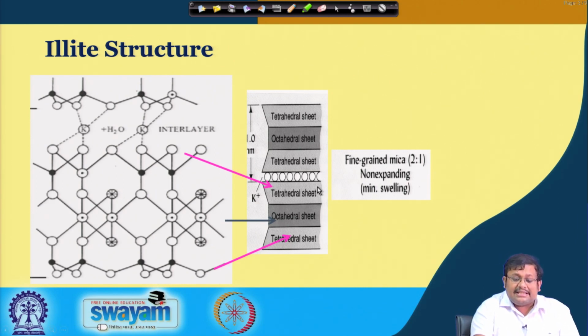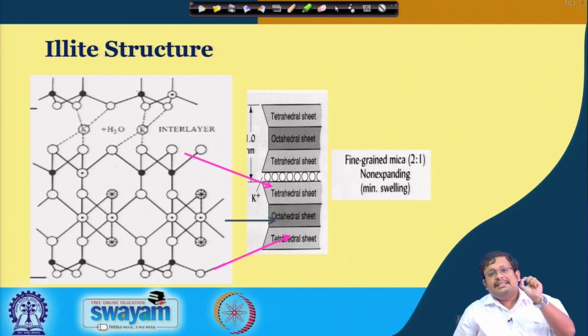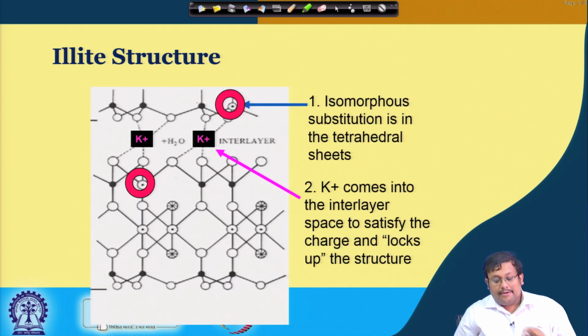The interlayer space is occupied by this potassium ion, and since it is basically a weathered product of mica, it is also known as fine grained mica. It is a non-expanding type of mineral. It shows minimum swelling because of this interlayer potassium ion, which basically collapses the structure, since these potassium ions are very small in size.